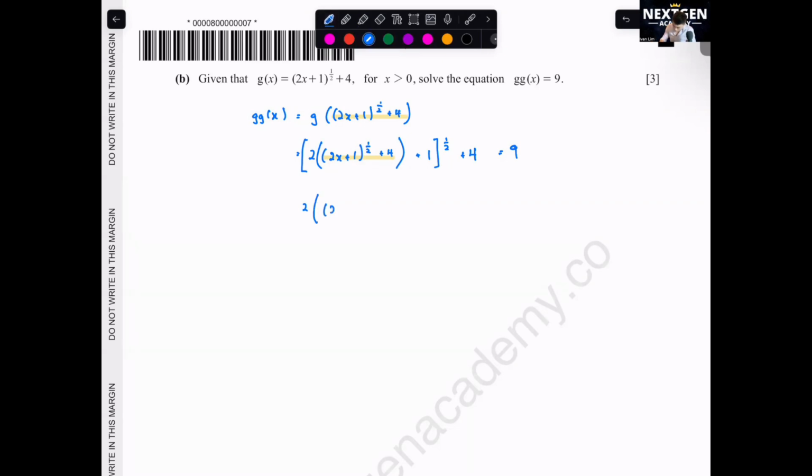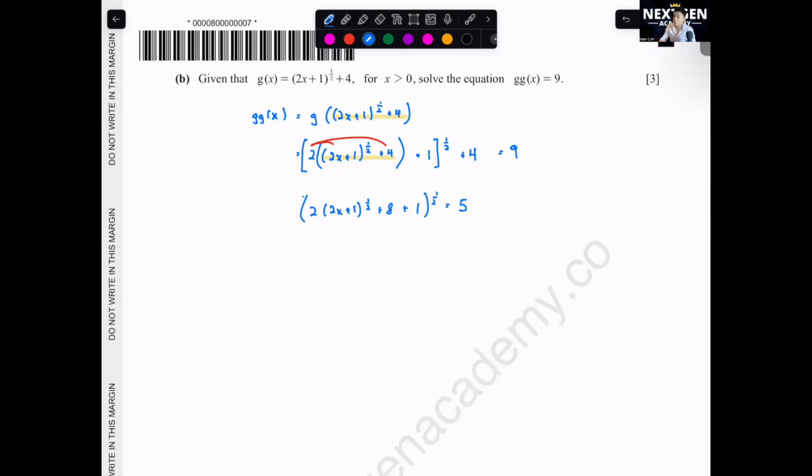We can open up this bracket: 2 and plus 8 plus 1. Open up this one here, then equals 5.